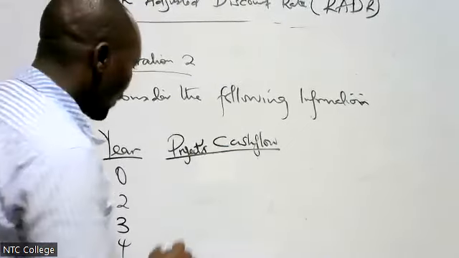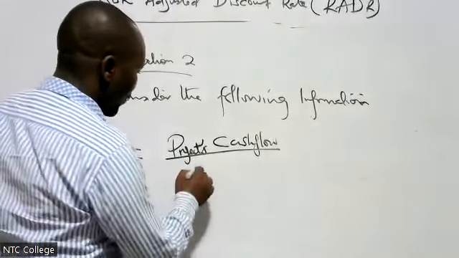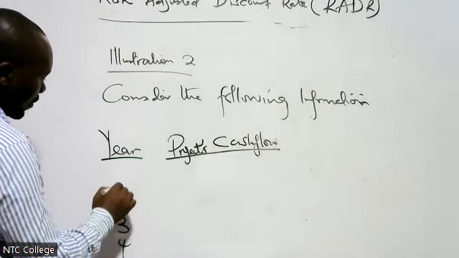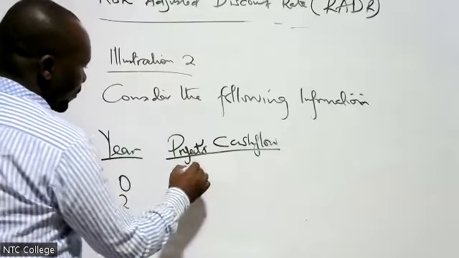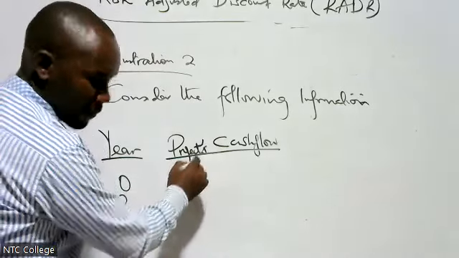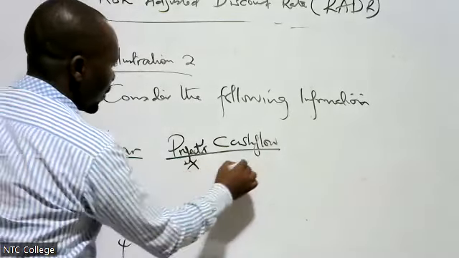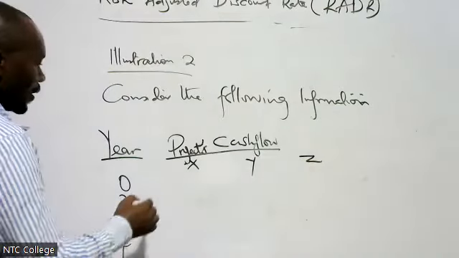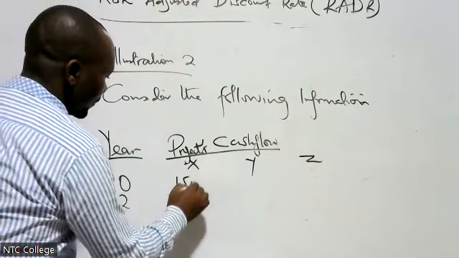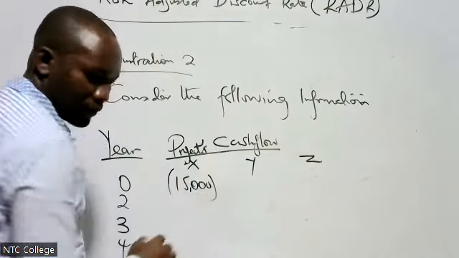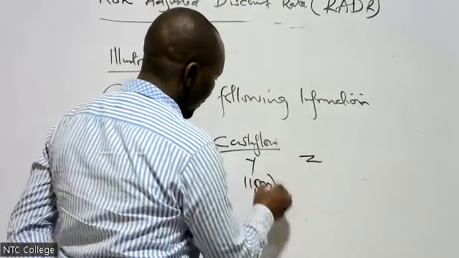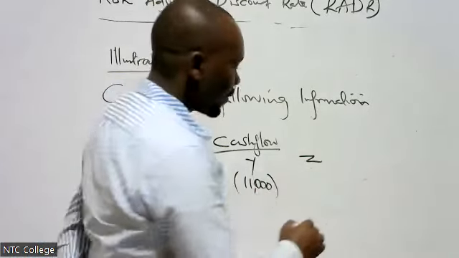We have projects X, Y, Z. In year 0, it is 15,000. And then we have 11,000. Then we have 19,000.